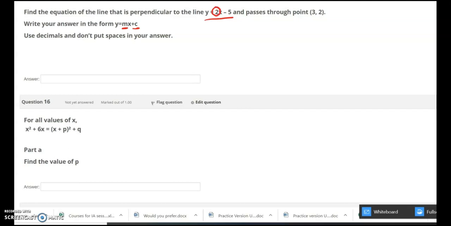So the reciprocal of 2 is a half, since the reciprocal of a number is 1 divided by that number, and negative, so we put a negative in front. So the equation of the line that we're looking for is y equals minus half x plus c, the y-intercept.